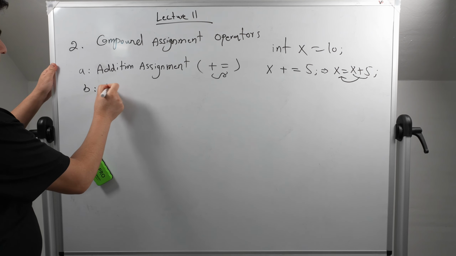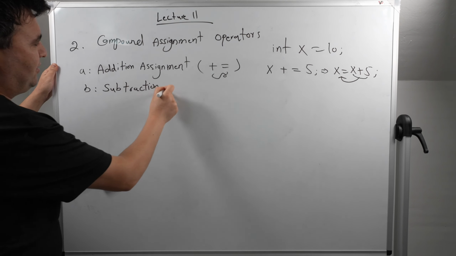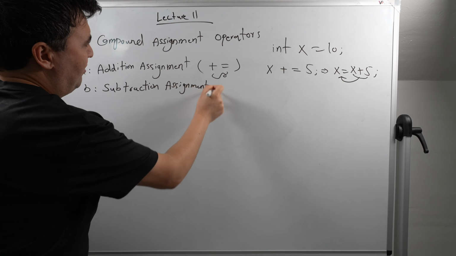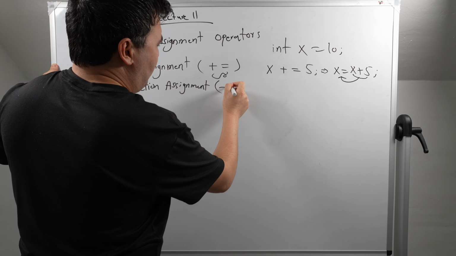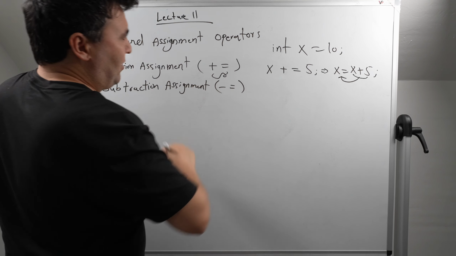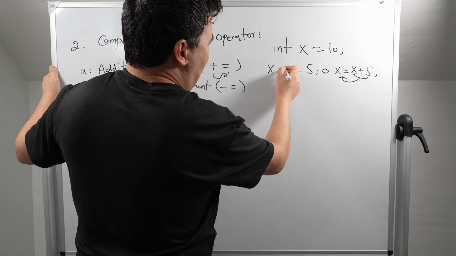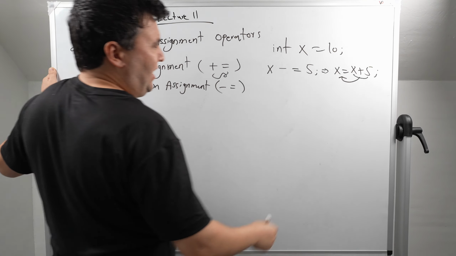Then we have subtraction assignment, which is a combination of the subtraction operator and the equal operator. So if we do the same here, instead of plus I put minus equal, it means x is equal to x minus 5.